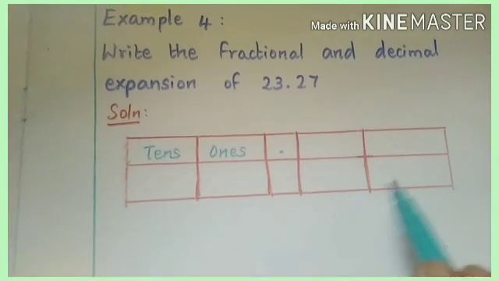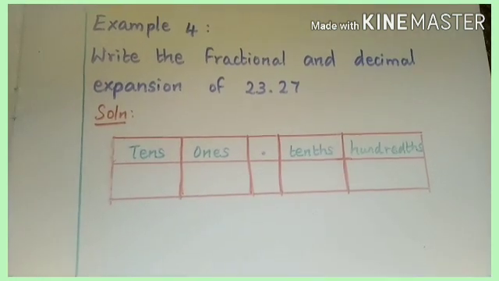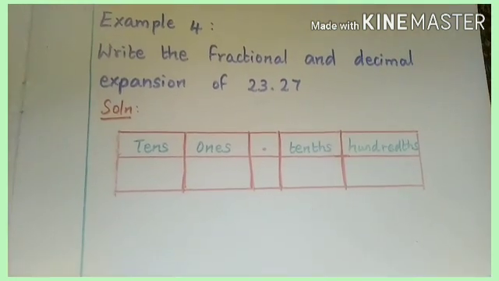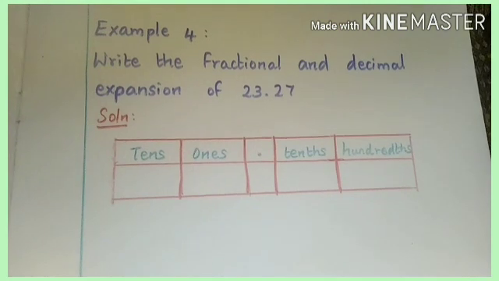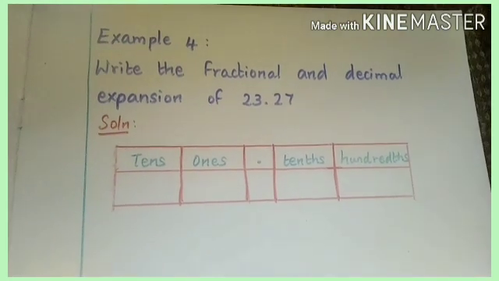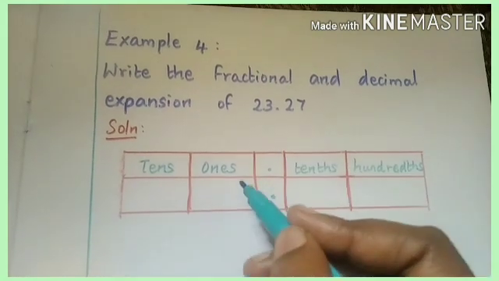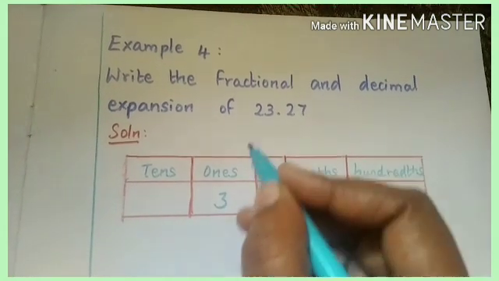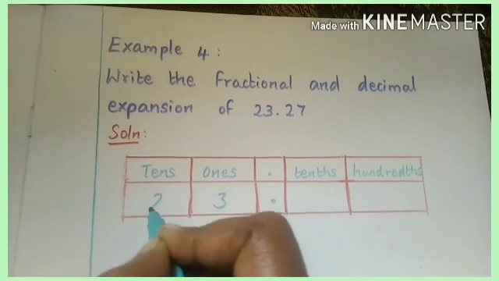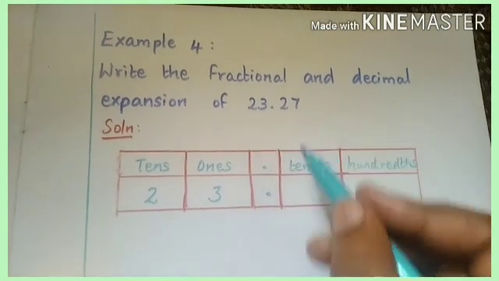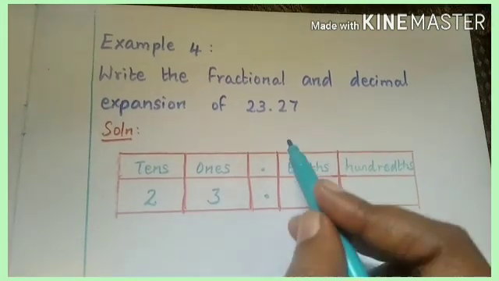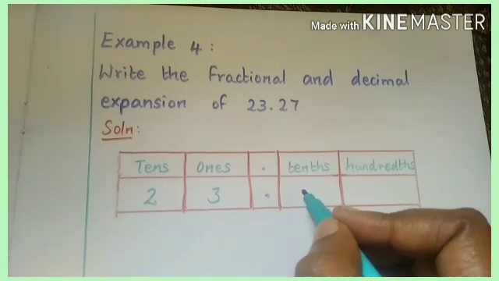So write tenths and hundredths. Now write the numbers in the place value chart. Let's write 3 in ones place, 2 in tens place. In the decimal part, 2 in tenths place, 7 in hundredths place.